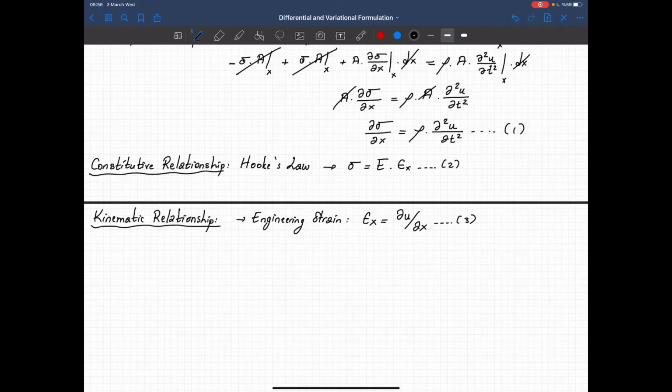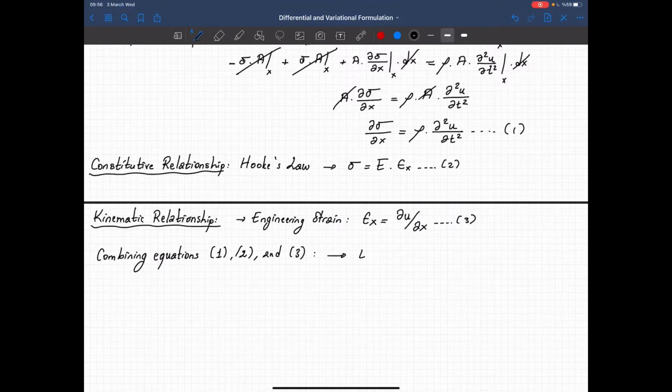So combining equations 1, 2, and 3, I get the following relationship.